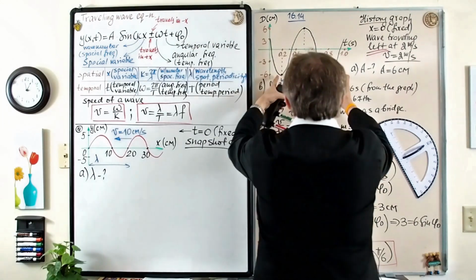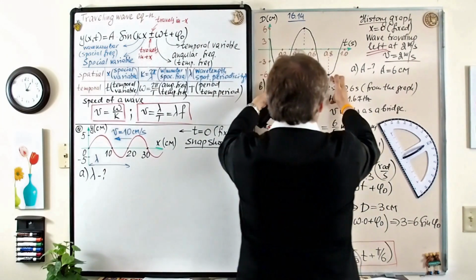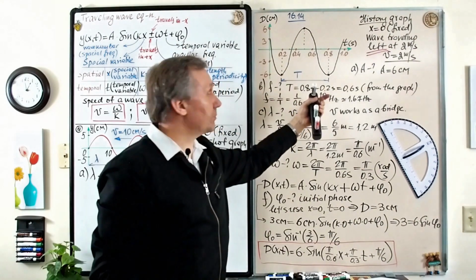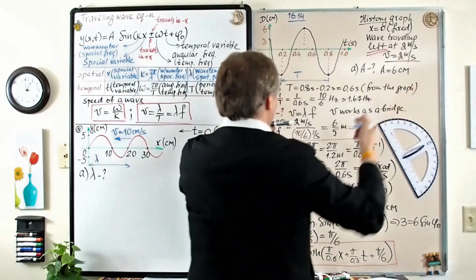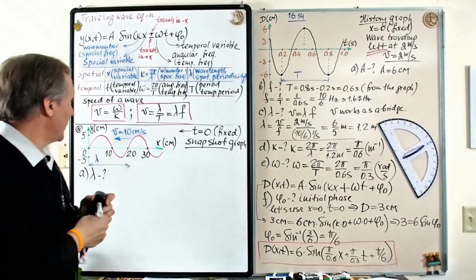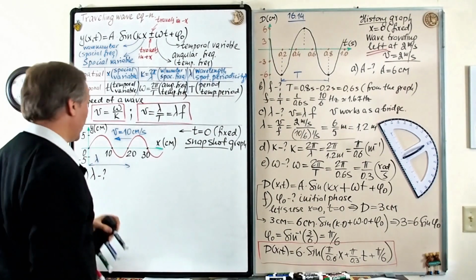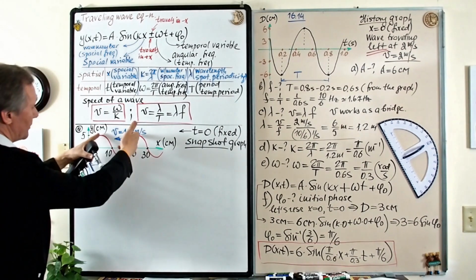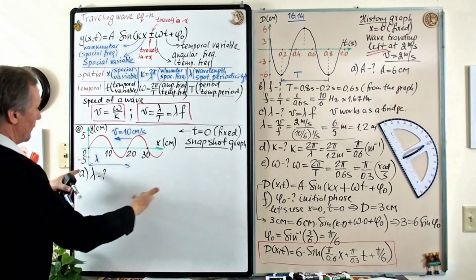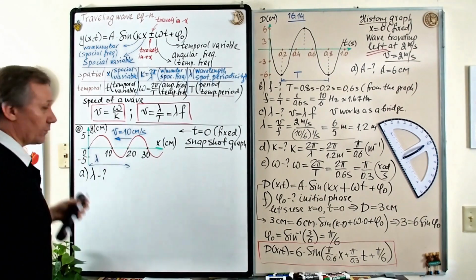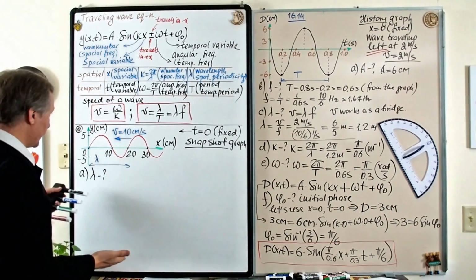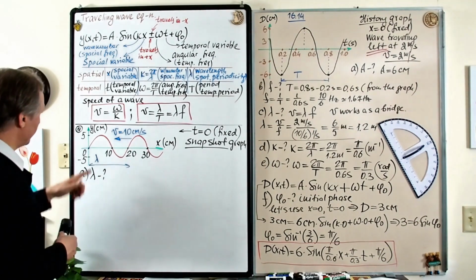Here, the distance between these two troughs is the period, because period is the temporal periodicity, and we have the distribution of the wave in time. And here we have the distribution of the wave in space, and the distance between these two crests, or between these two points, is the wavelength.